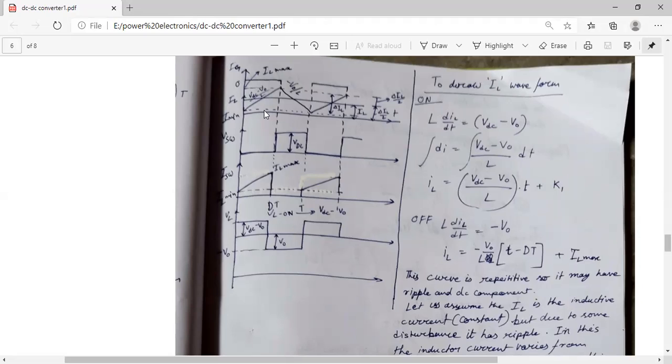You can see it has some jump, that is, it is not touching the zero axis. So it will have a continuous curve.